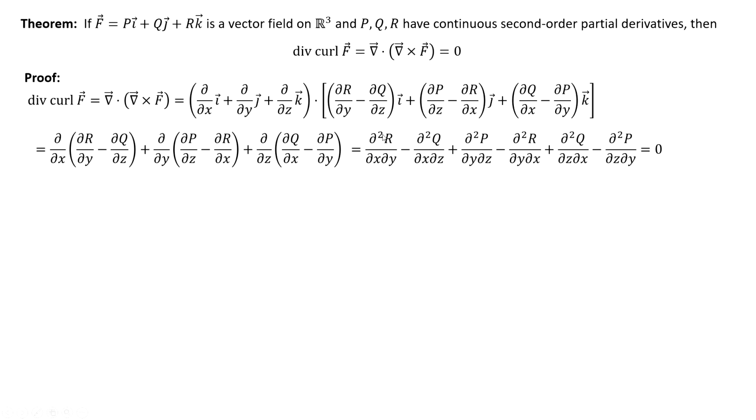Notice there's a second partial of R with respect to x and y, and by Clairaut's theorem, that's the same as the second partial of R with respect to y and x. This is positive, whereas this is negative, so these two add up to 0. Second partial of Q with respect to x and z, there's a second partial of Q with respect to z and x, negative, positive, add up to 0. Similarly, P with respect to yz, P with respect to zy, they add up to 0. So the sum is just 0. So divergence of curl F is also 0.